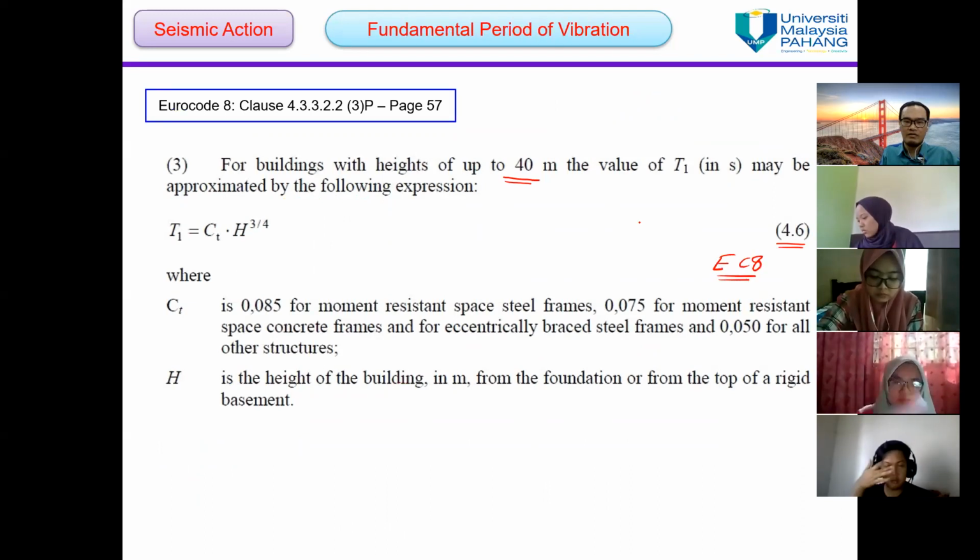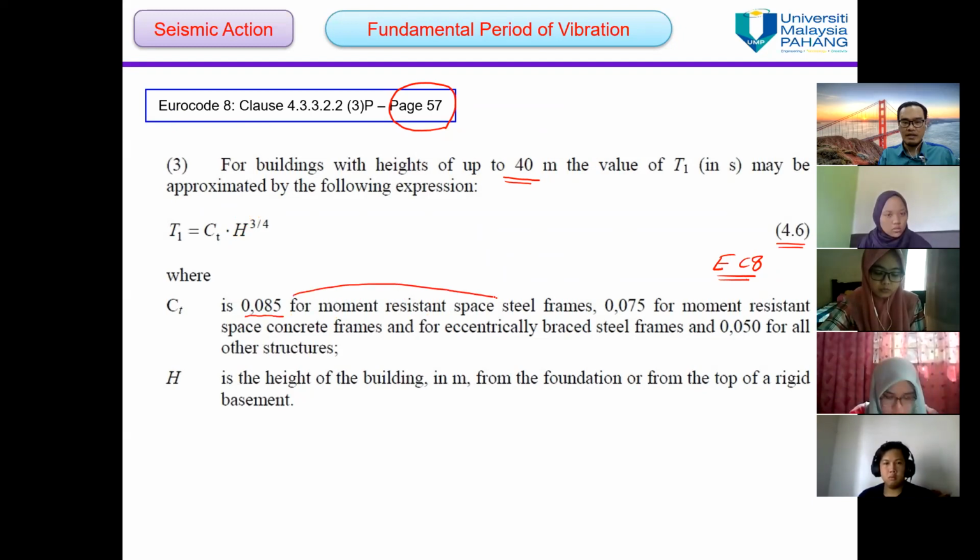You can find this equation on page 57, where T1 is equal to Ct times h to the power of 3/4, where Ct is equal to 0.085 for moment-resistant space steel frames, 0.075 for space concrete frames and for eccentrically braced steel frames, and Ct is equal to 0.05 for all other structures.